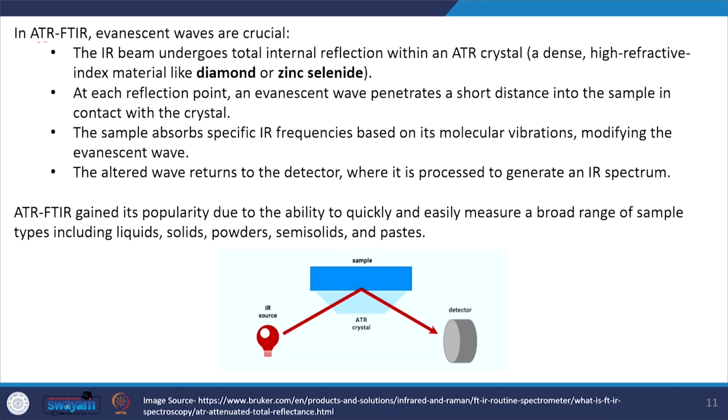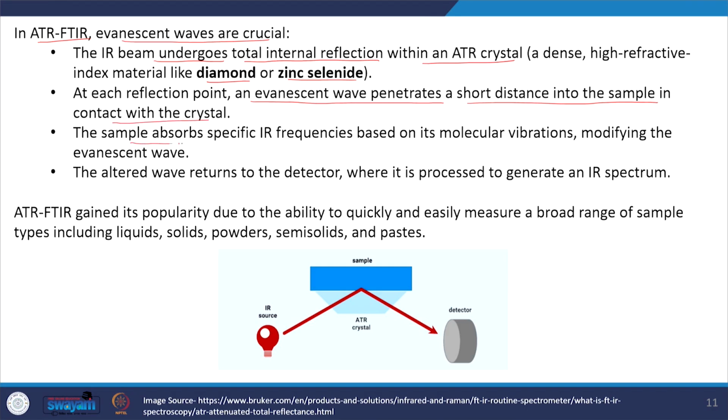In the ATR-FTIR, evanescent waves are crucial, whereas the IR beam undergoes total internal reflection within an ATR crystal. The ATR crystal can be a diamond or zinc selenide. At each reflection point, an evanescent wave penetrates a short distance into the sample in contact with the crystal.